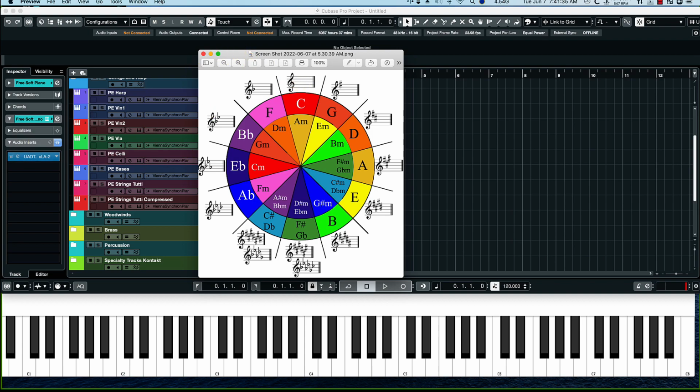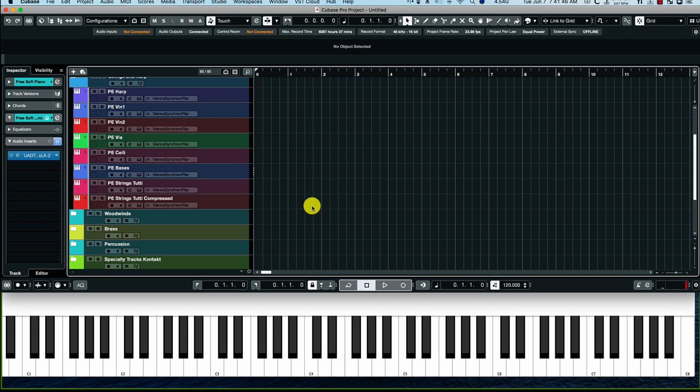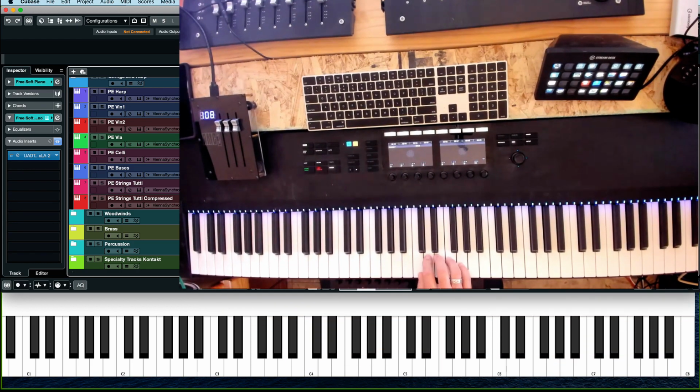The next thing we want to take a look at is chords. Now that we have these scales, let's go back to the C scale. A good way to look at chords is patterns.